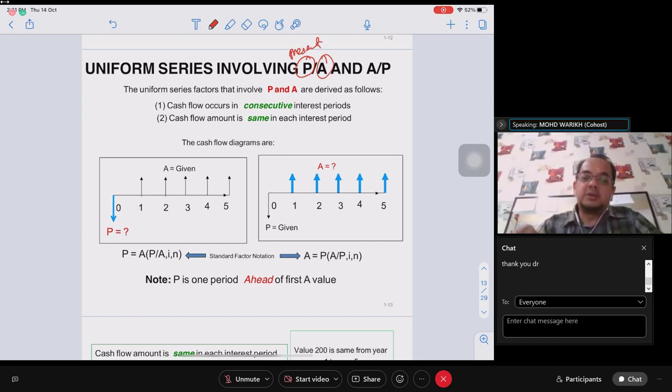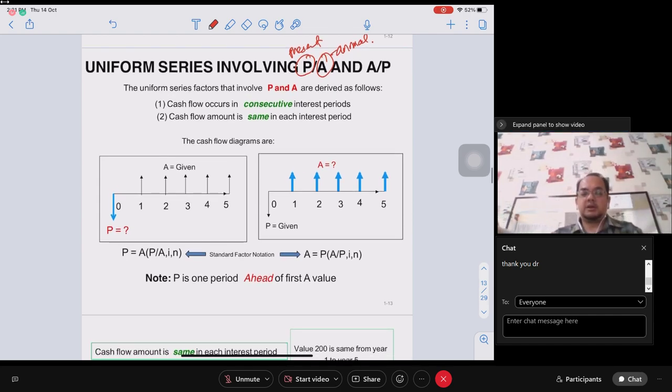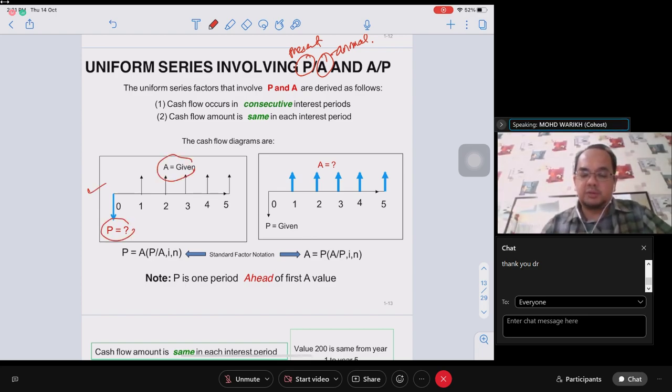So you can see from the table, P over A is like this. You have to find P, A is given, or you have to find A, P is given. That means annual, that means every year.